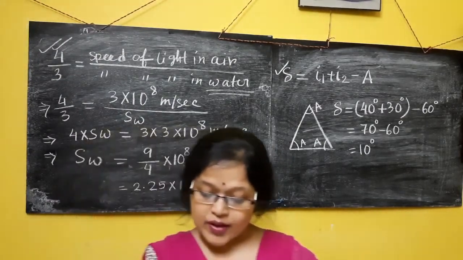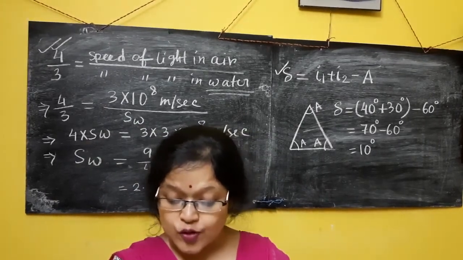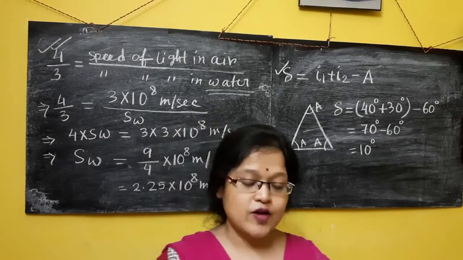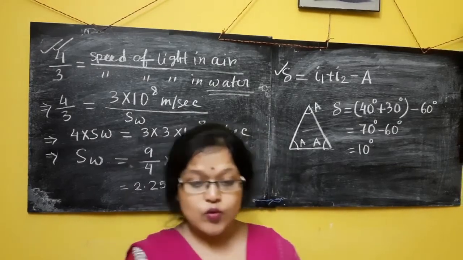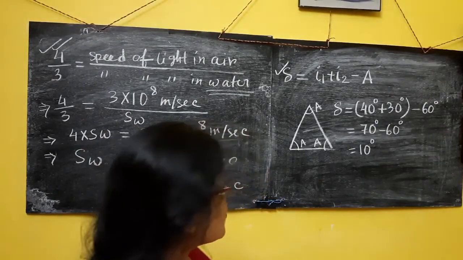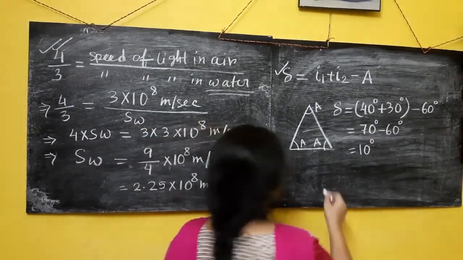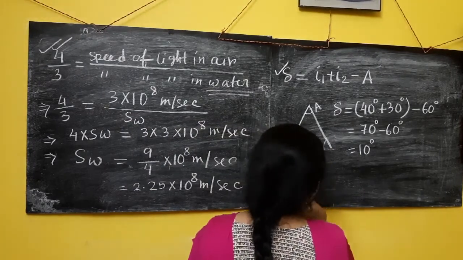For a concave mirror, establish the relation between focal length and radius of curvature. Giving you a quick recapitulation, concave mirror is which kind of mirror? We know for spherical mirror there are two types of mirror. One is concave, another is convex.